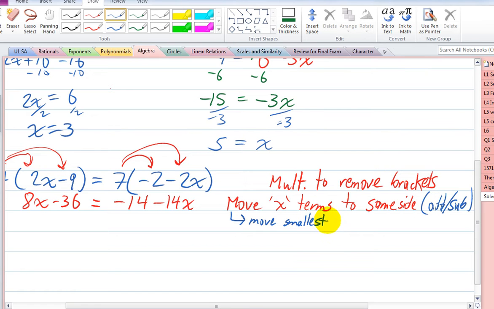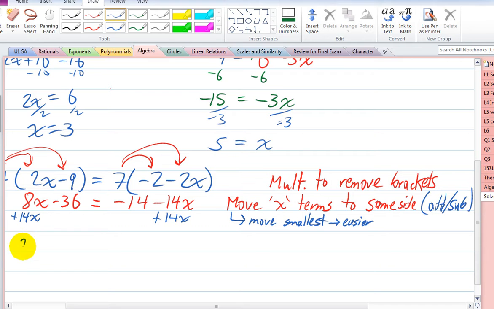It's not mandatory, and you won't be able to go all over the place with this, but usually that makes it easier for us. Okay, so what's lower, 8 or negative 14? Okay, so move the negative 14. How would you move a subtracting 14? Okay. Add 14x.